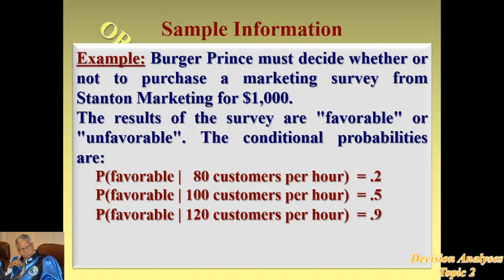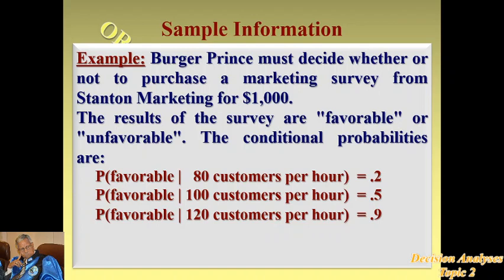The conditional probabilities related to our states of nature are: probability of favorable on condition that 80 customers per hour is our state of nature is equal to 0.2 or 20%.